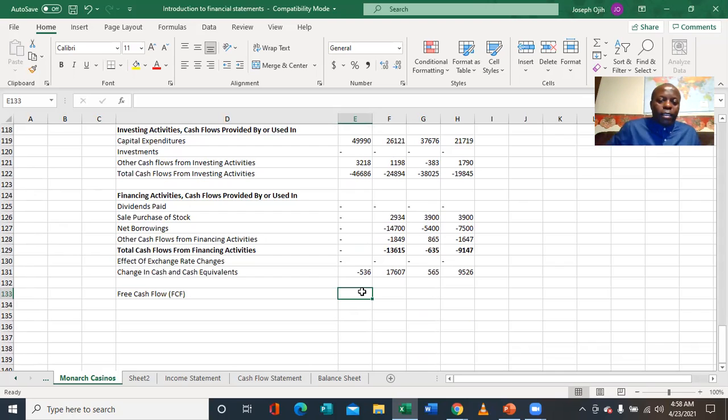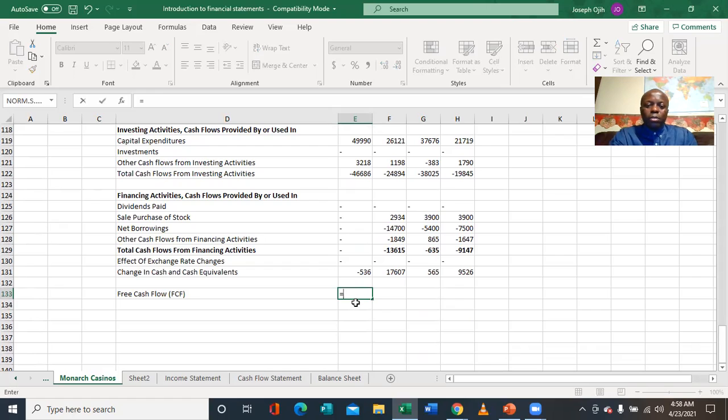So for Monarch Resort, free cash flow equals... I think I can put the formula here for you so you can see. Let me see if I can do it.